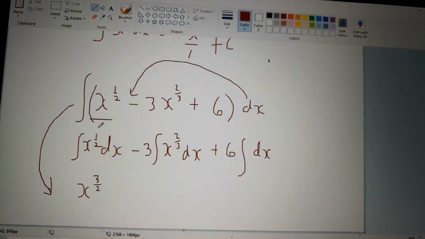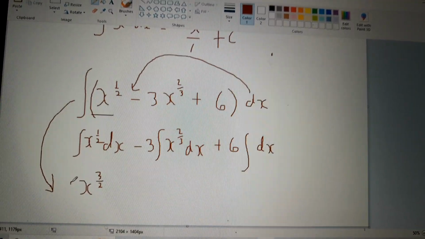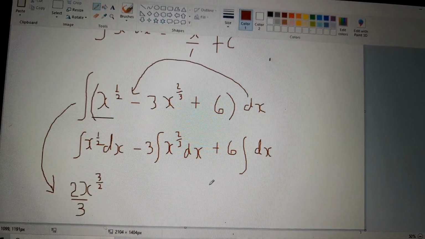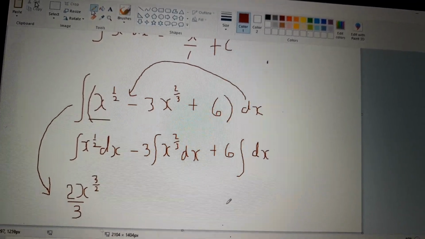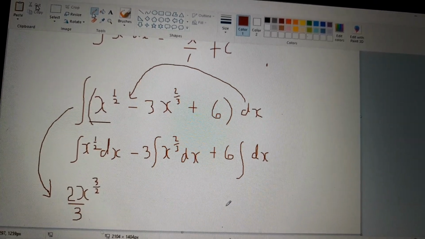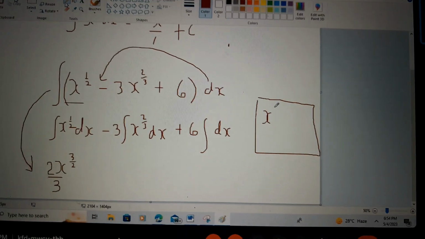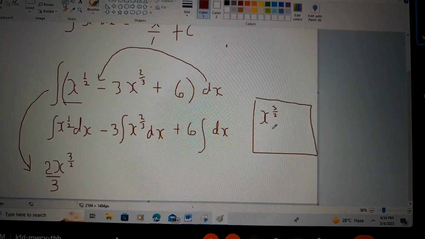And when I divide by my 3/2, I'll end up multiplying by 2/3. Stop me if you don't understand that. X to the half plus 1, so we get 3/2. Clear with that?